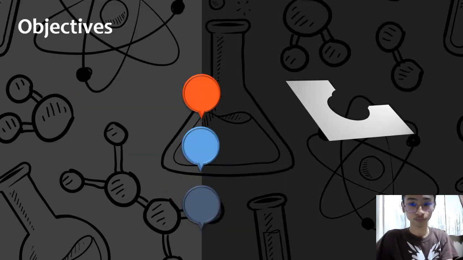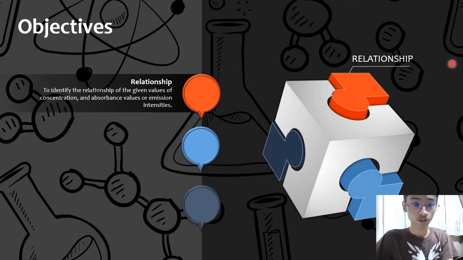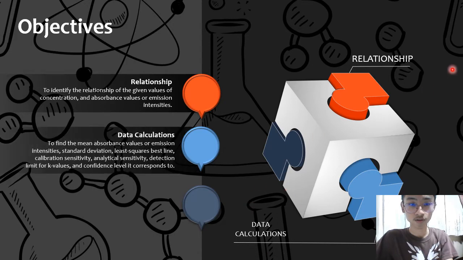Objectives. First objective is to identify the relationship of the given values of concentration and absorbance values or emission intensities. Second, the data calculations.